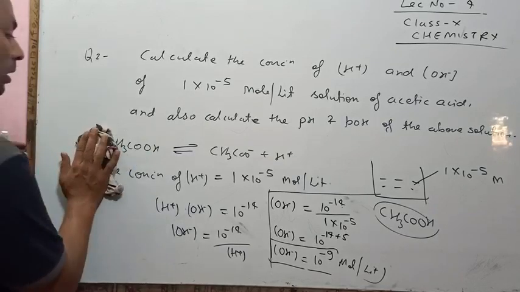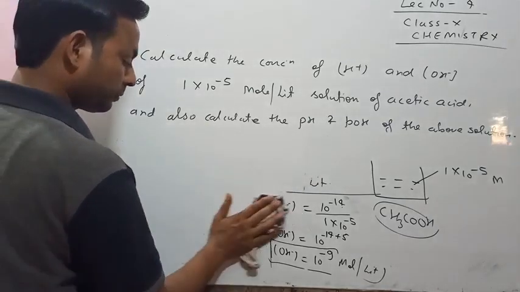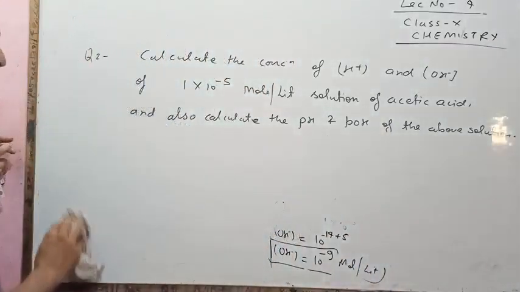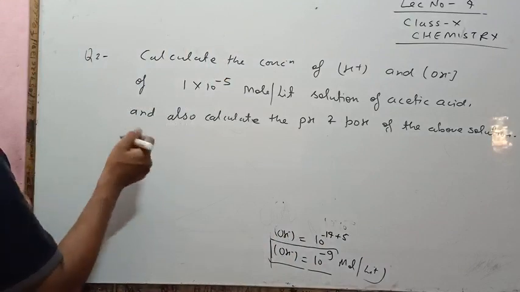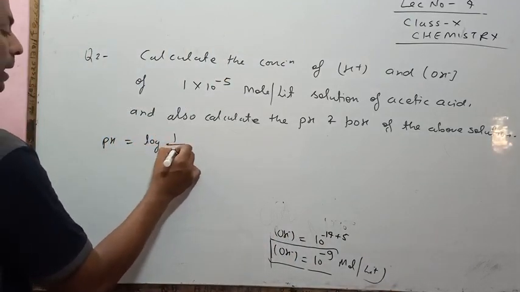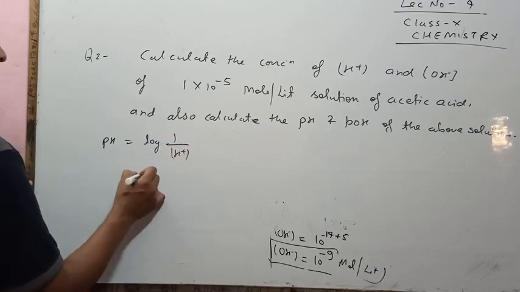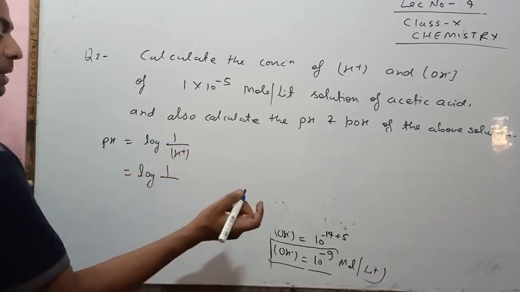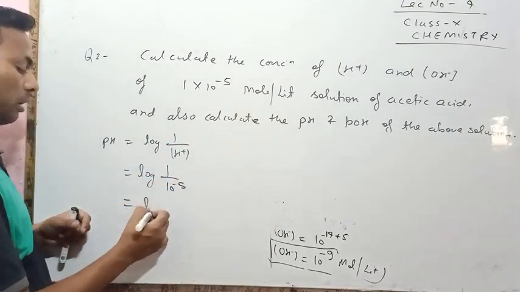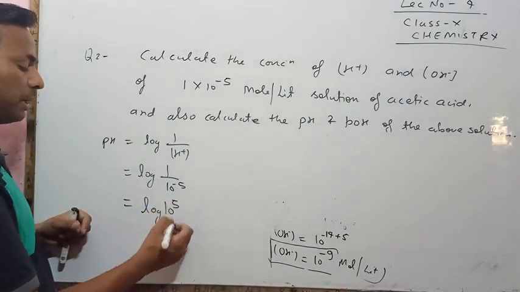Students, look at how to calculate the pH and pOH of the above solution. pH equals log 1 upon H plus ion. So log 1 upon H plus ion, given 10 to power minus 5. Just I solve. The log 1 upon 10 to power minus 5 becomes log 10 to power 5.